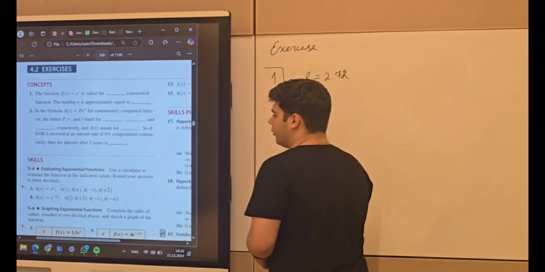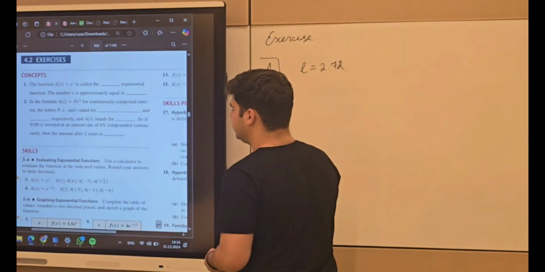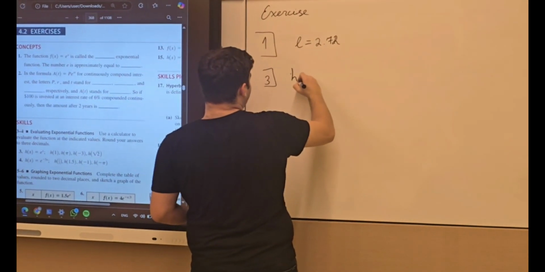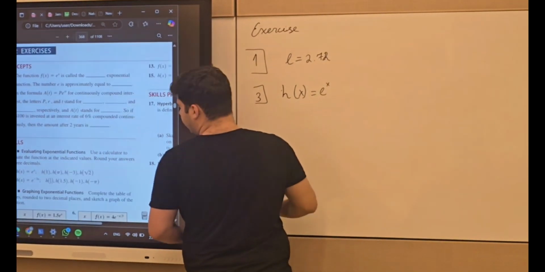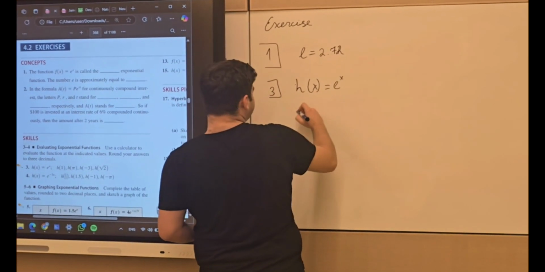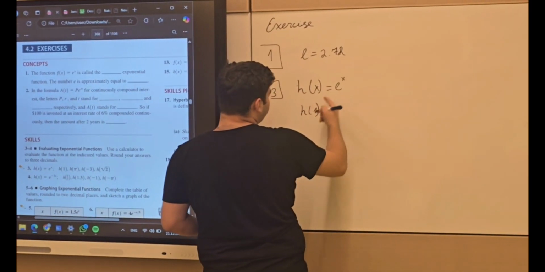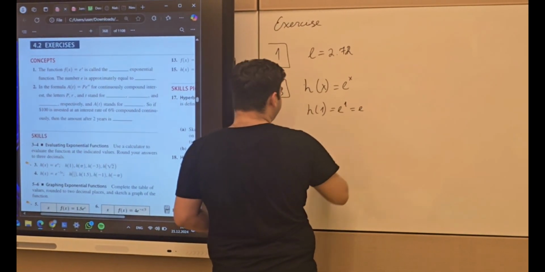And now let's see question 3. It says, use a calculator to evaluate the function at the indicated values. Round your answers to 3 decimals. And in 3, our function is h of x is equal to e to the power of x. And the first indicated value is h of 1, which means we will need to replace x with 1, which will be equal to e.